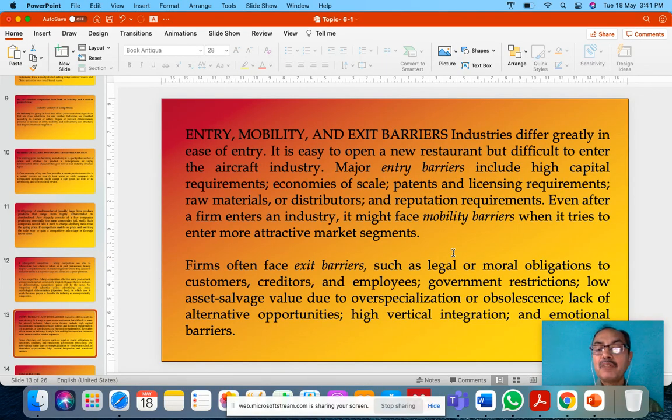They used an innovative strategy, with an excellent service center, and based on that they entered easily, but they were facing the difficulty of image. So sometimes mobility from one segment to another can be difficult because of image or other factors.